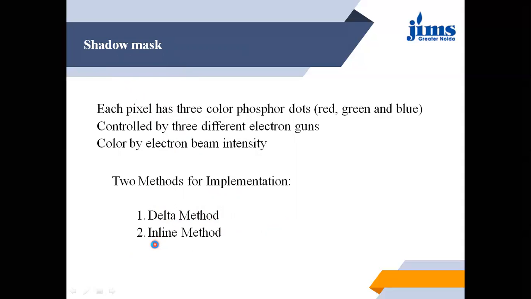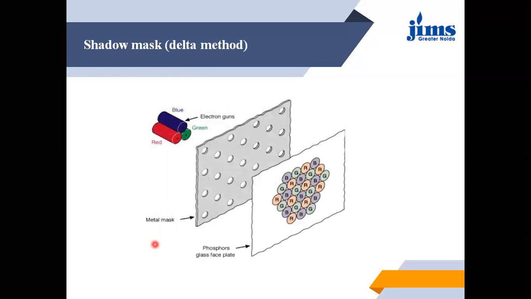In the delta method, there are electron guns that have three different colors, or an electron gun has three different beams. One is for blue, one is for red, and the third is for green.